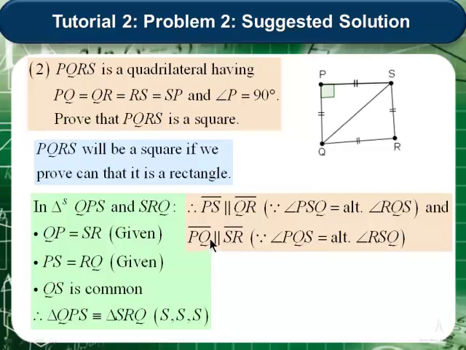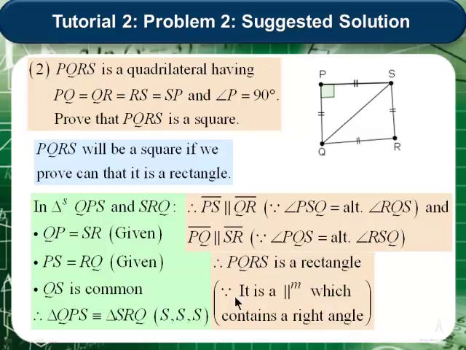And in a similar way, PQ is parallel to SR, because angle PQS is alternately equal to RSQ. Now, if we prove that two pairs of opposite sides are parallel, then it means that this quadrilateral is a parallelogram which contains a right angle, and therefore it must be a rectangle.